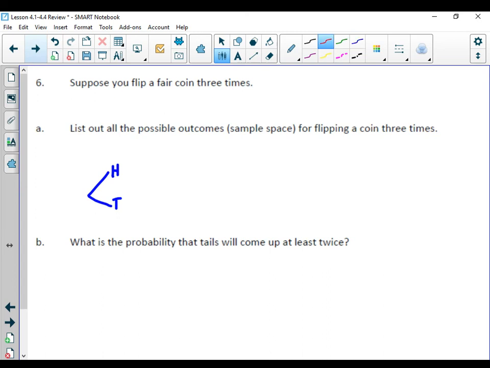Just for practice, though, I am going to go ahead and label it with a half for each of those. All right, so I flipped the coin, I could get heads or tails. Now I flip the second coin. Well, the result is the same. I could get heads or I could get tails. And that's true for either situation. The probability for that doesn't change, so I'm still looking at a half for each.